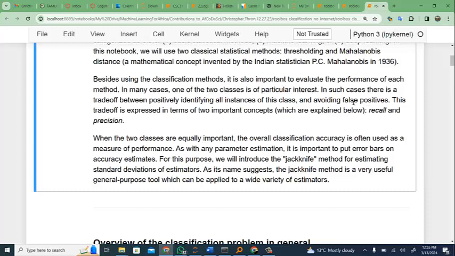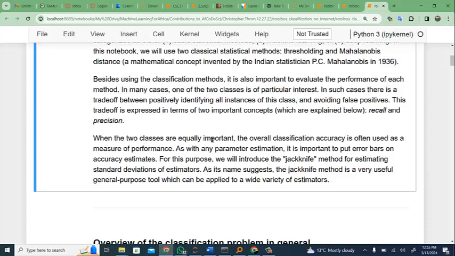So again, we'll explain these two ideas later on below. This trade-off is expressed in terms of two important concepts, recall and precision. So you may have seen these two before.